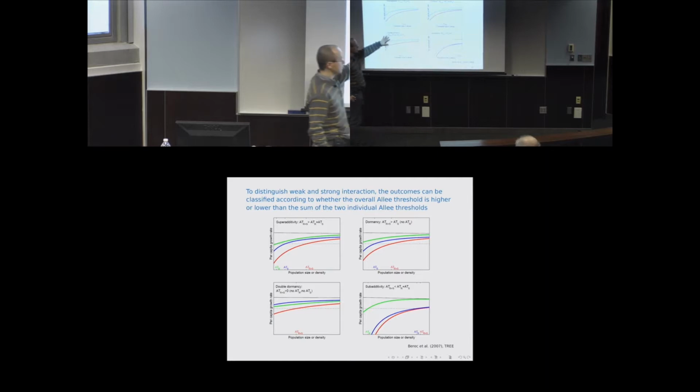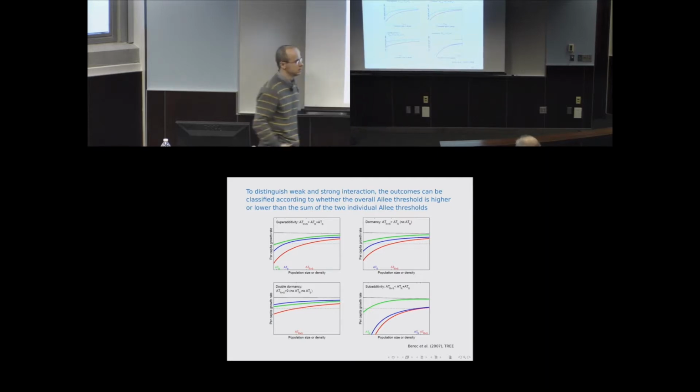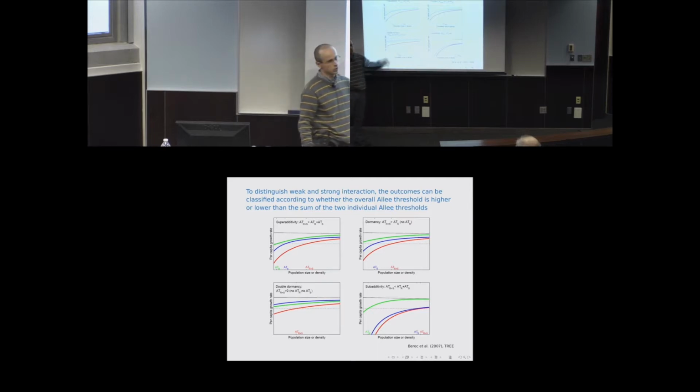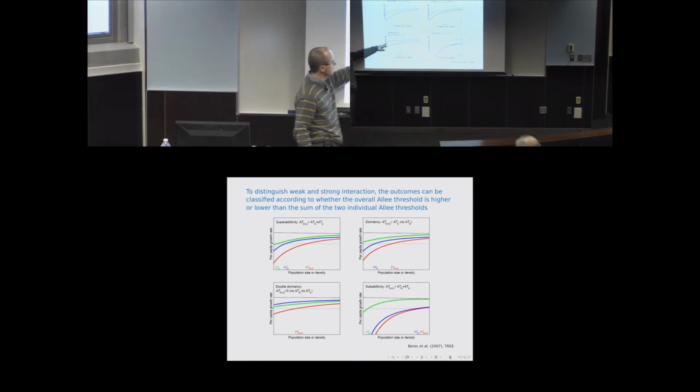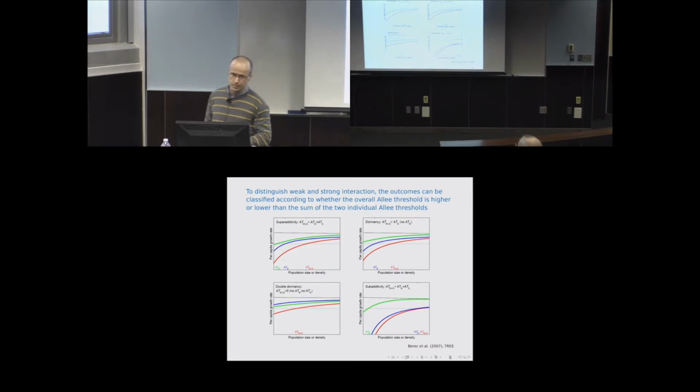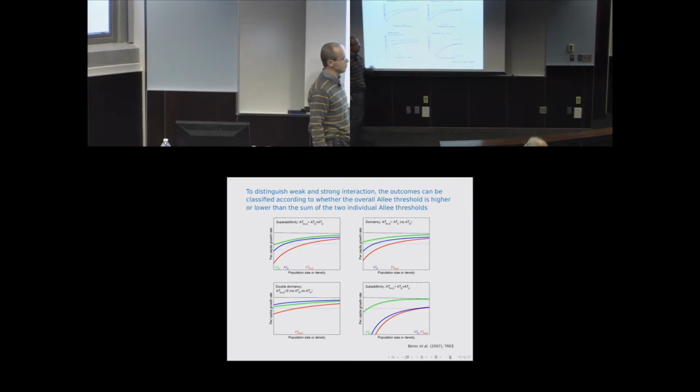Okay, so for double dormancy, both of the individual Allee effects are only weak, but still the combination is very strong. This is a good result, because there are some indications that most of the demographic Allee effects in nature, if they exist, are weak, so even weak Allee effects can be strong enough when combined.